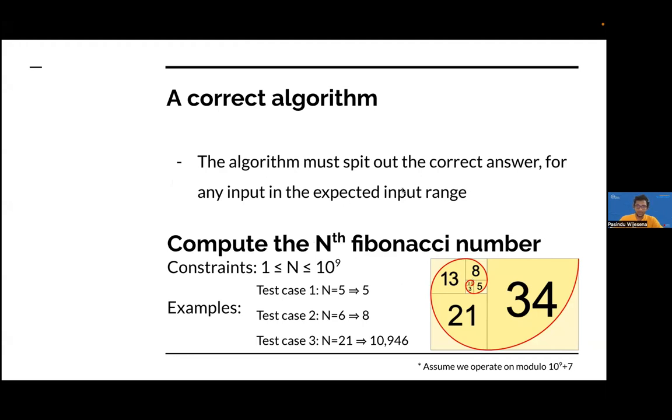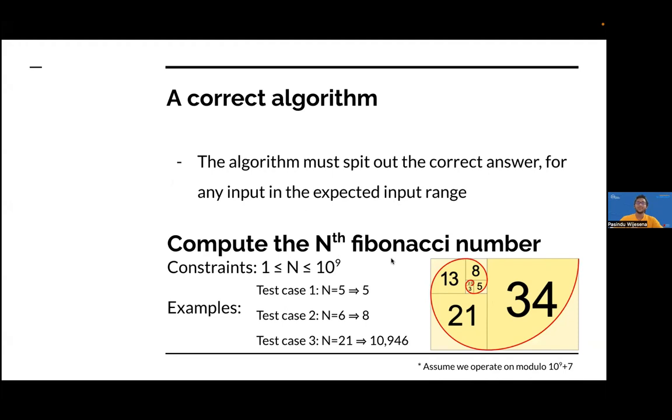So if you are careful with my slides, you would see that I said assume we operate on modulo 10 to the power 9. I put this because with C++, you can't store the 10 to the power 9th Fibonacci number in an integer.